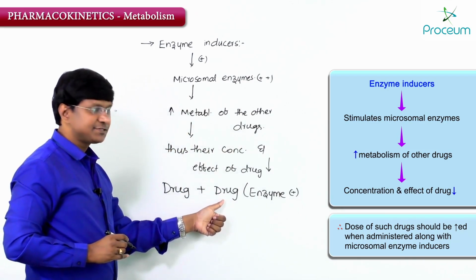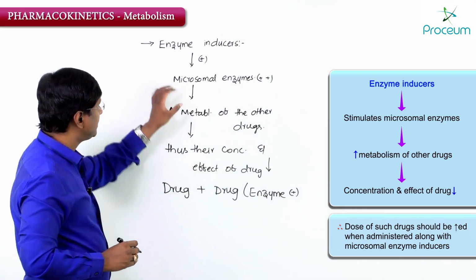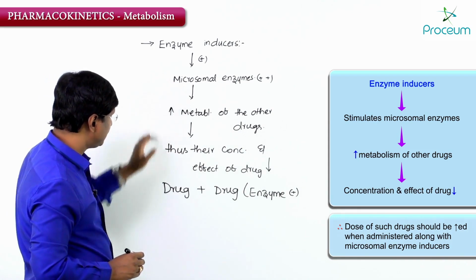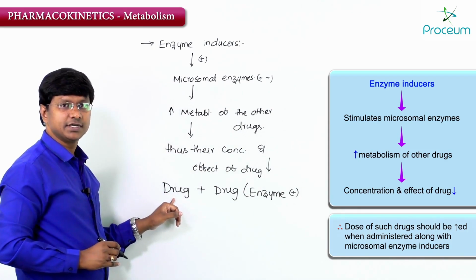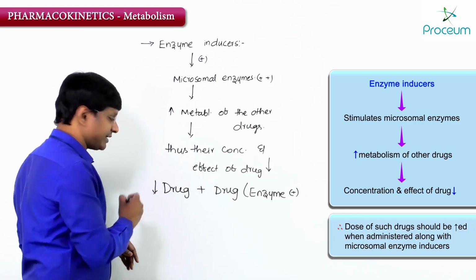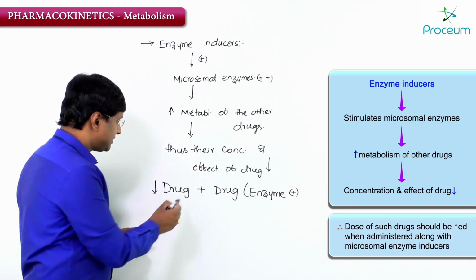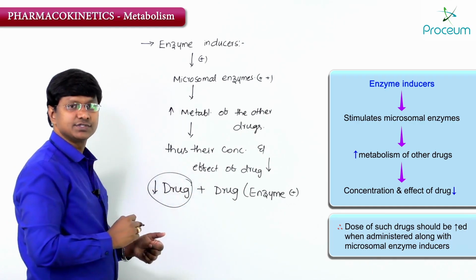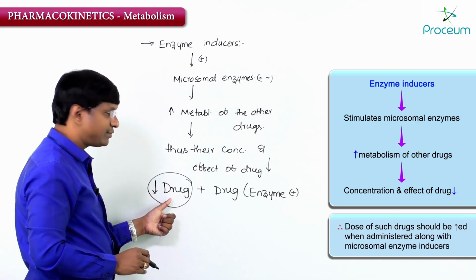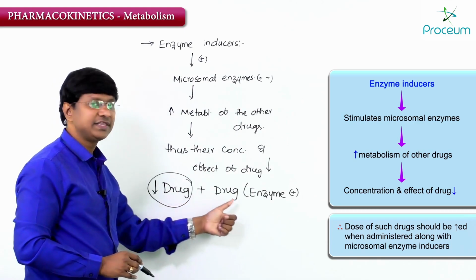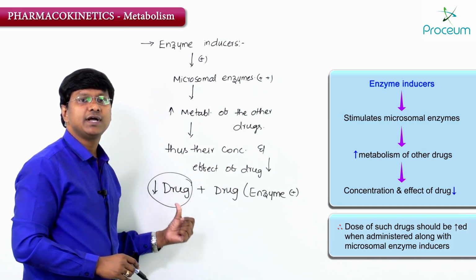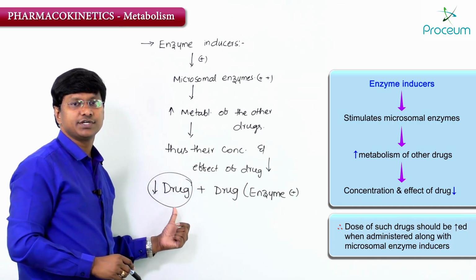Now what will this particular drug do? This drug will induce microsomal enzymes, and these microsomal enzymes will increase the metabolism of the drug, and the effect of this particular drug will be decreased. What I am trying to tell you here is, whenever you are giving a drug along with an enzyme inducer, you have to give an increased concentration of the drug.